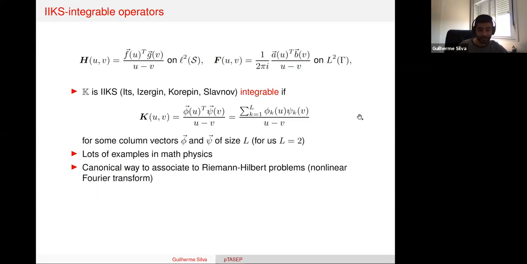In particular, Riemann-Hilbert problems are very suitable for asymptotic analysis. Again, I'm going to mention a few words later on. But anyway, the point is that once you identify the structure and you look at its Riemann-Hilbert problem, you have several tools to do several kinds of things that you may want to do. And we try to explore that a bit.